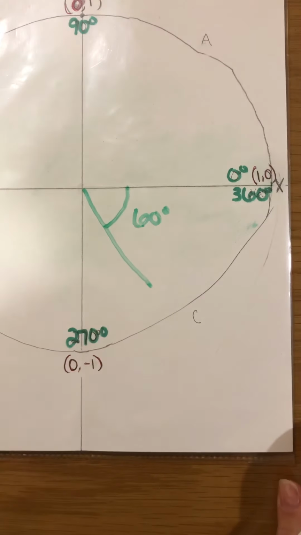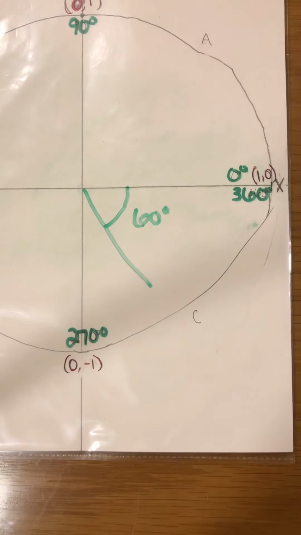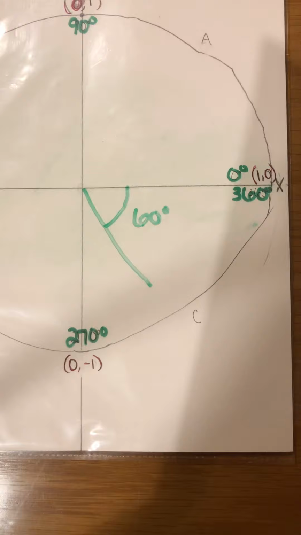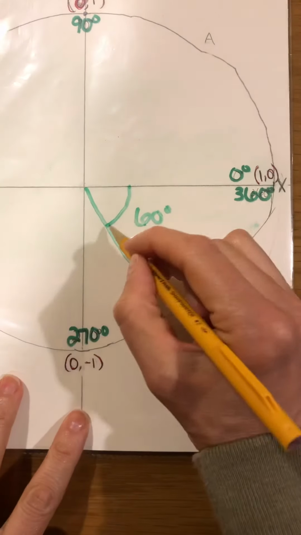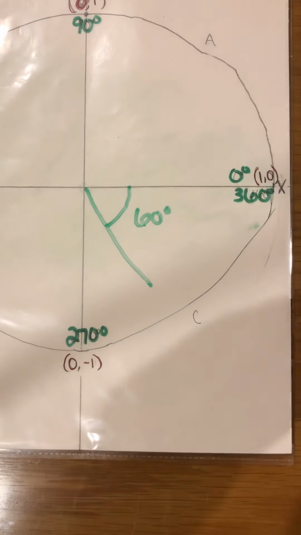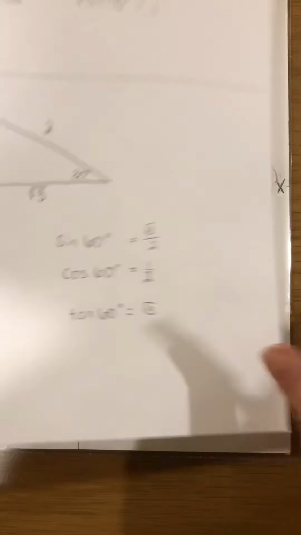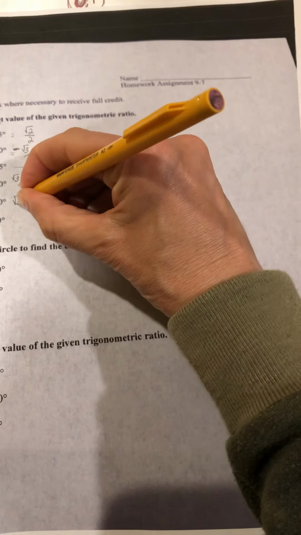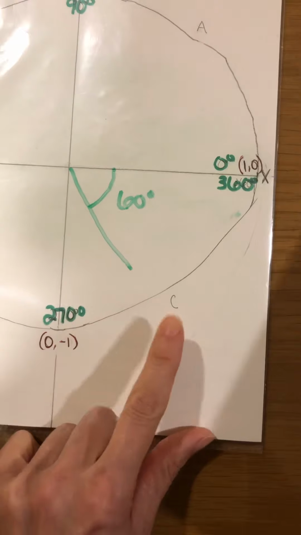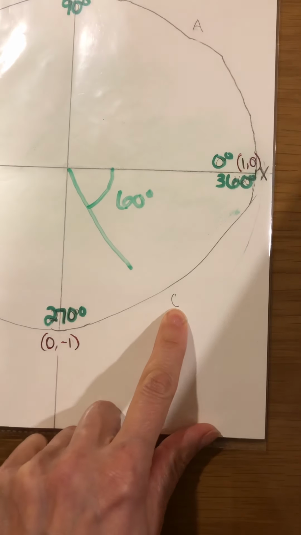Again, I'm starting to move through these a little bit faster, so let me know if any of these don't make sense or if you think I made a mistake. All right, so tangent of 300, reference angle is 60. So tangent of 60 is radical 3. So our answer is radical 3, but it's going to be negative because only cosine is positive here.